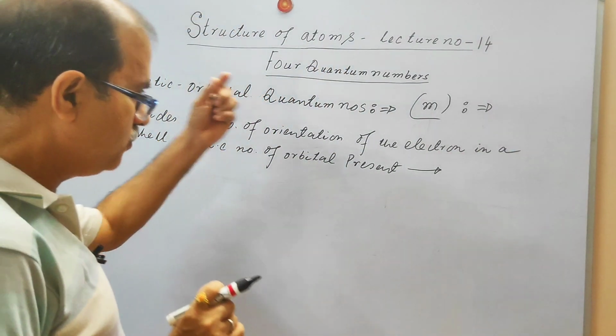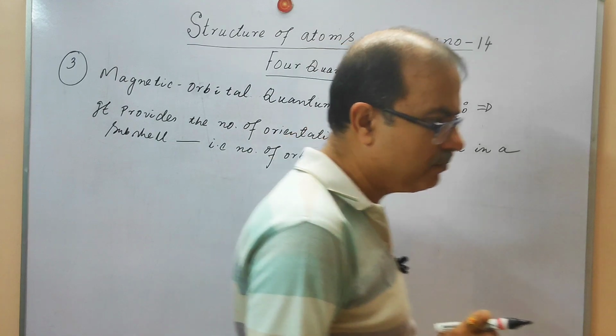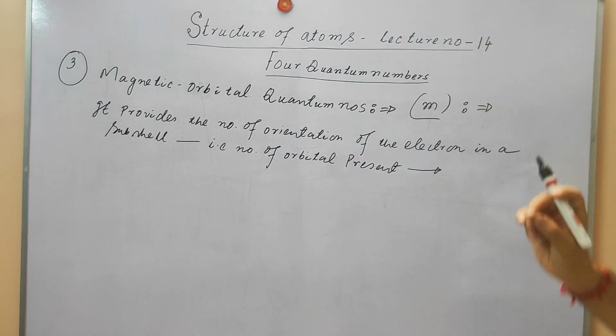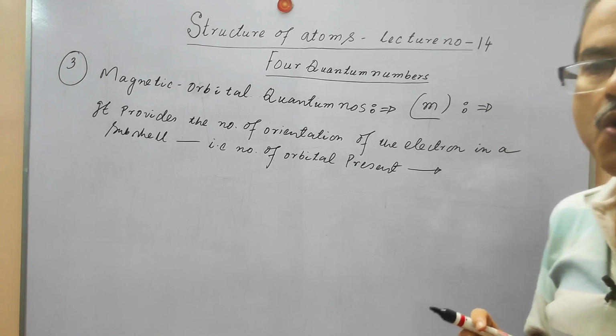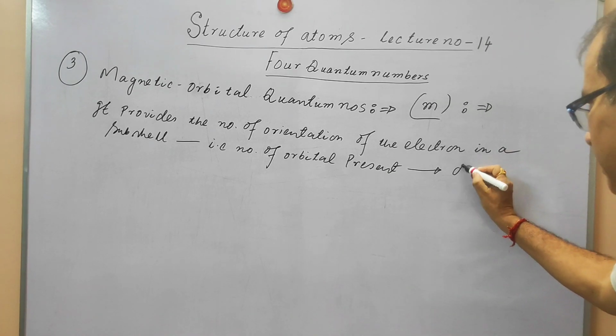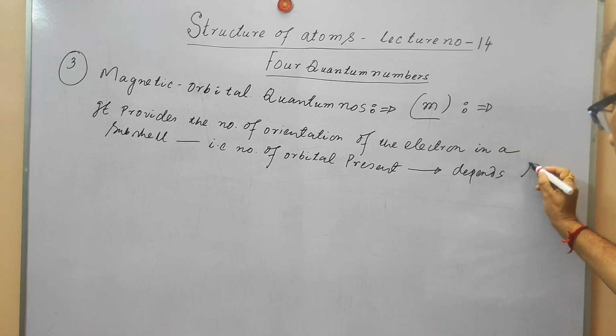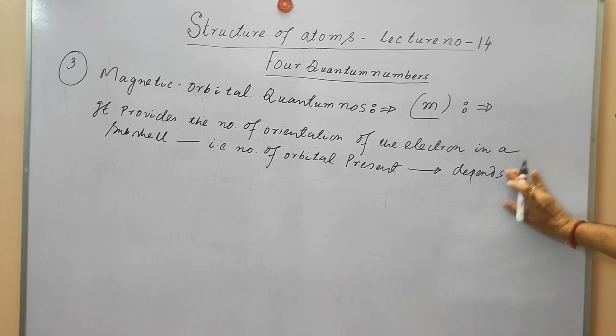The orientation of the orbital depends on the value of l, the azimuthal quantum number.